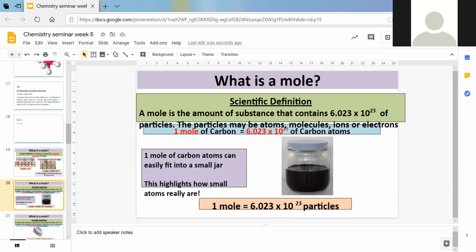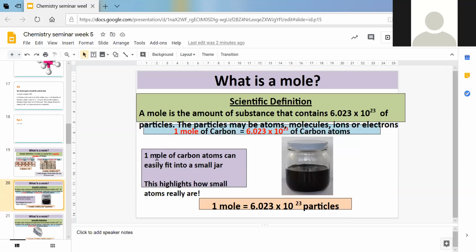It's the amount of substance that contains this number of particles. So 1 mole of carbon is 6.022 times 10 to the power of 23 carbon atoms.